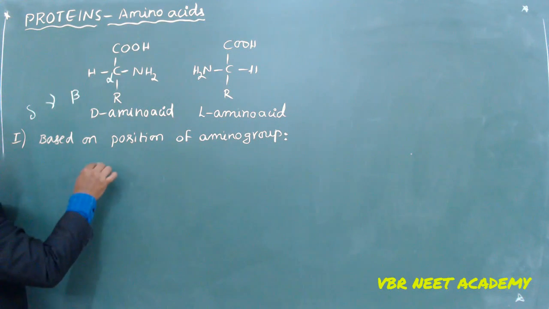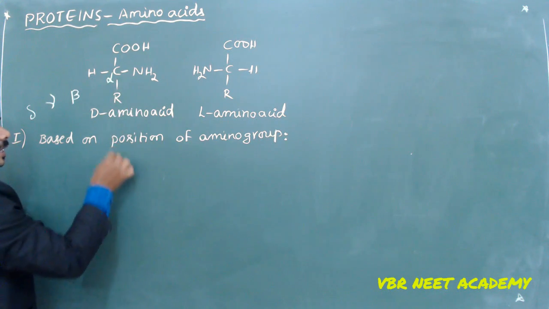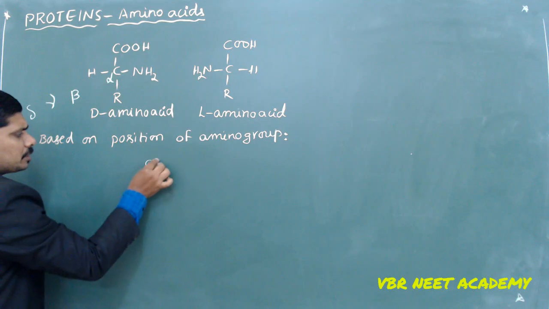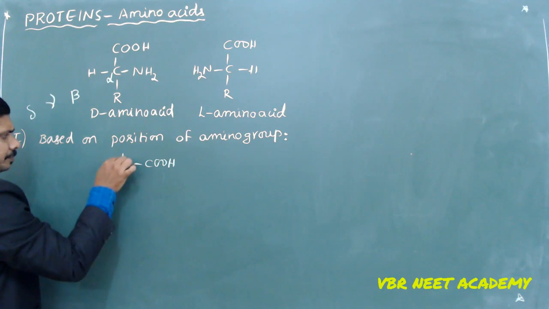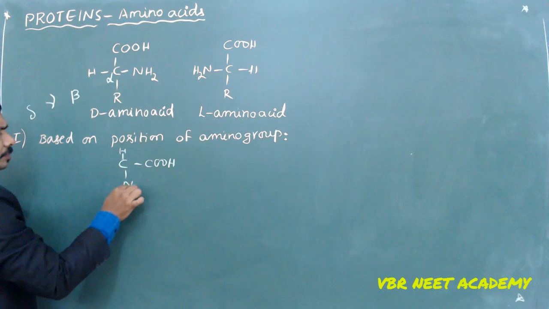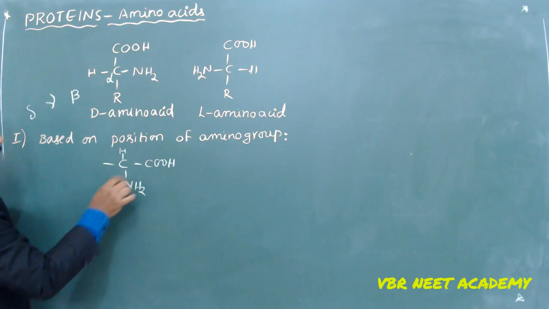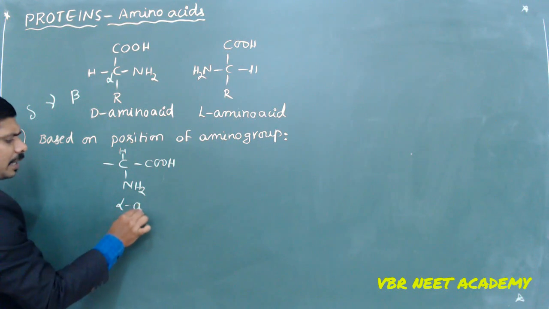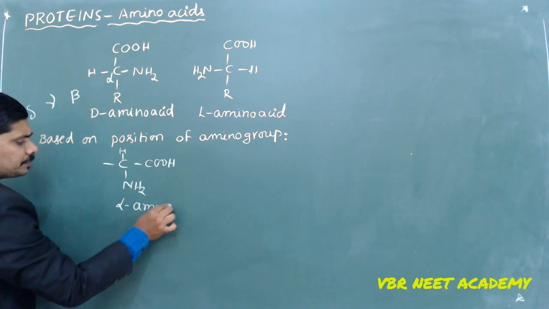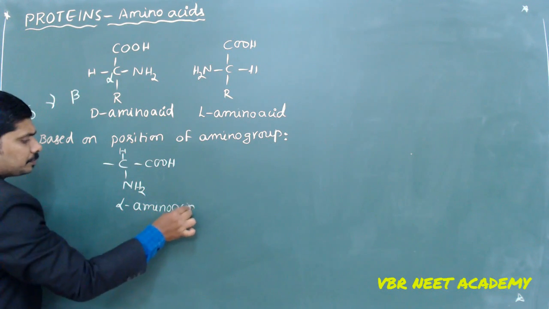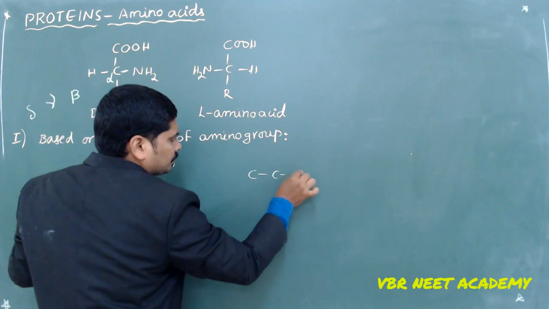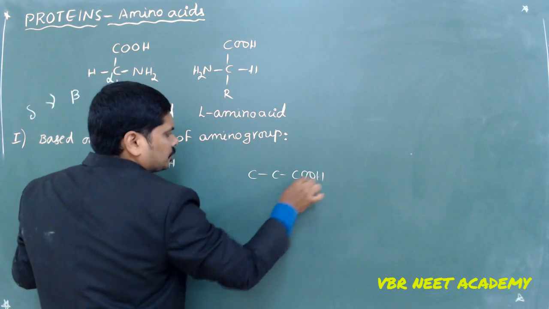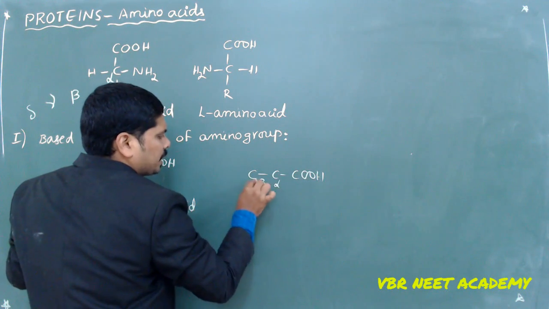So if I am having, in this case where it is alpha position, COOH, this is called alpha amino acid. Whereas here, now this is alpha, this is beta.